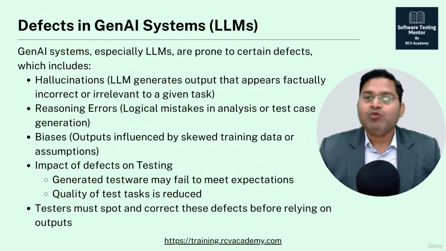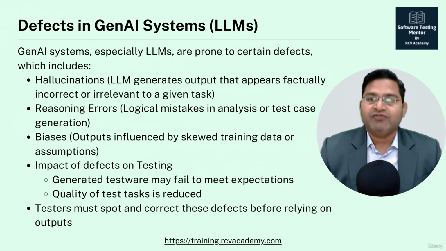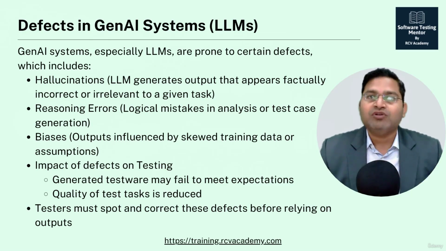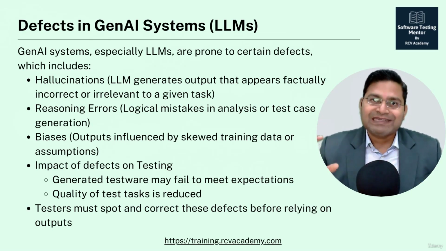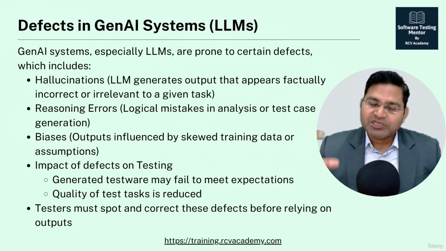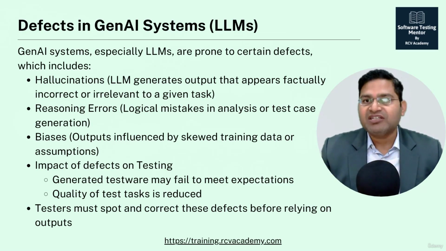When we say hallucination, what exactly is it? The LLM generates output that appears factually incorrect or irrelevant to a given task. For example, you are trying to generate test cases for a certain requirement, and the LLM is not considering the requirement or the context that you are asking for. You want test cases for a login scenario with the specific requirement details mentioned in a user story, and you provide that user story.